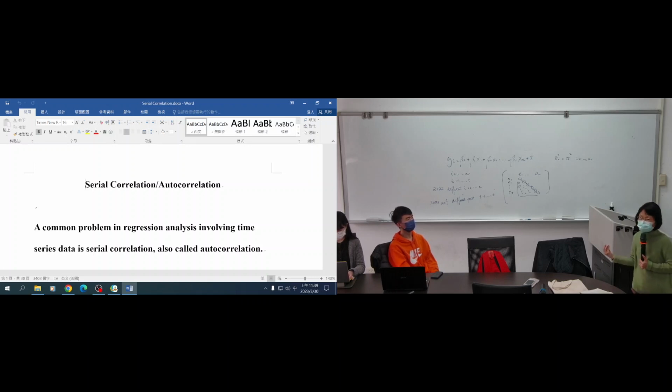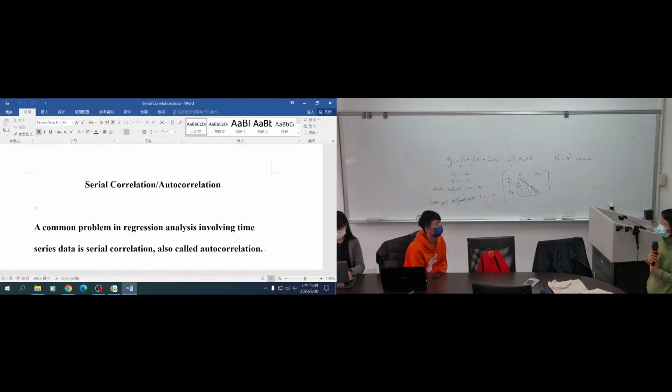If you have some other impure problem, something like an omitted variable or misspecification, then it looks like a serial correlation problem or heteroscedasticity problem, but actually it's not. Here we're talking about really true serial correlation problems.